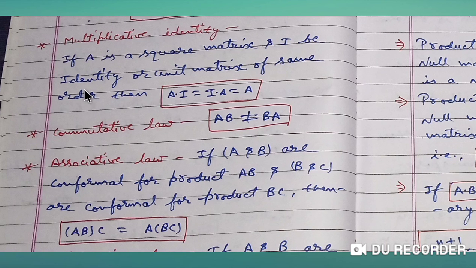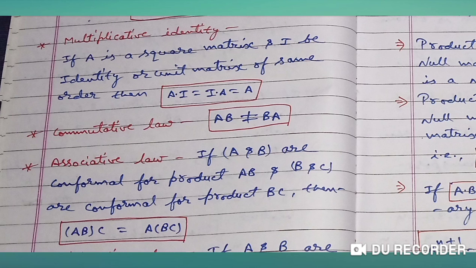An identity or unit matrix is just a type of matrix in which the diagonal elements are equal to 1. Identity or unit matrices are square matrices, and they are also diagonal matrices. In a diagonal matrix the diagonal elements are non-zero, and in the case of the identity or unit matrix, the diagonal elements are equal to 1.